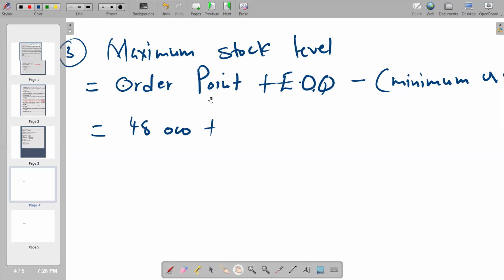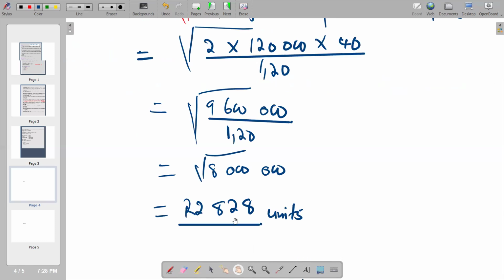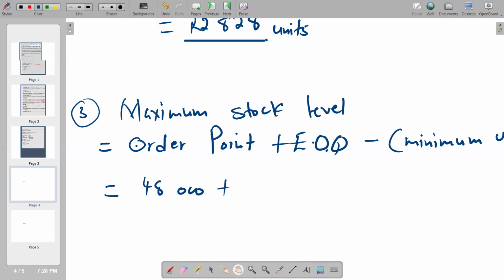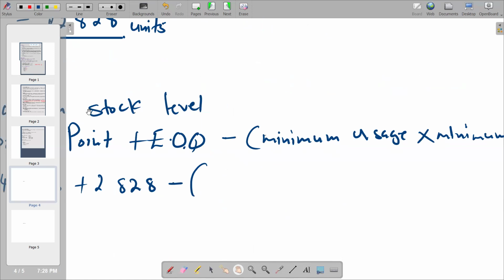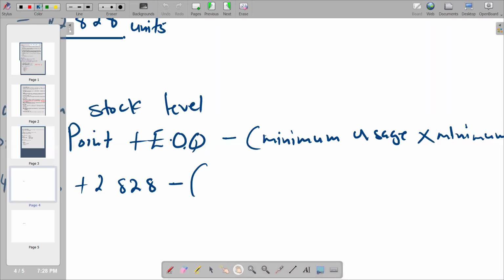And then we add the economic order quantity, which we also calculated, and we got 2,828. And then we subtract in brackets the minimum usage. We refer to the question, whereby we are given minimum usage per month as 9,000.